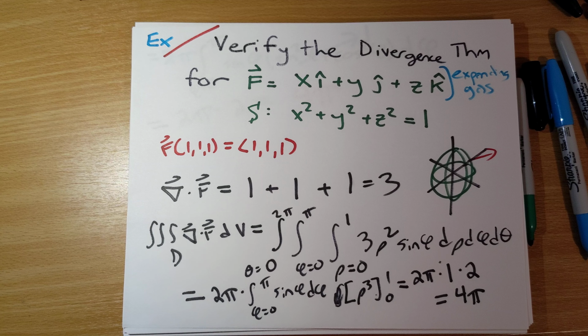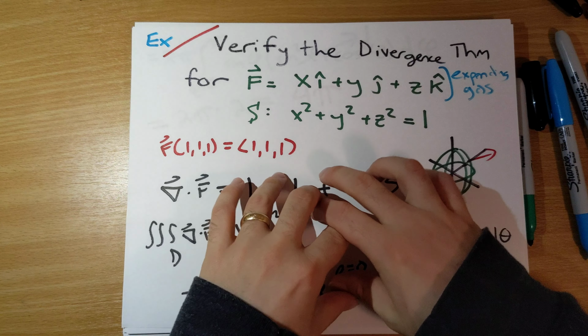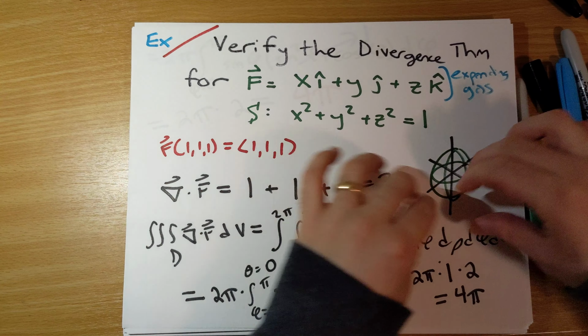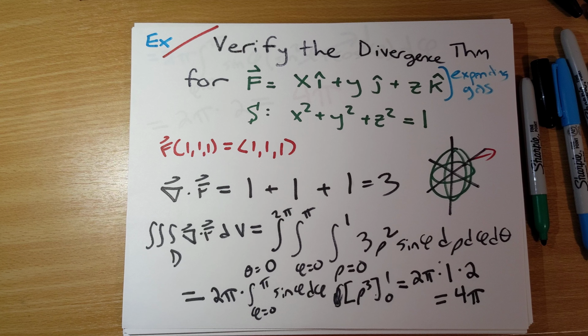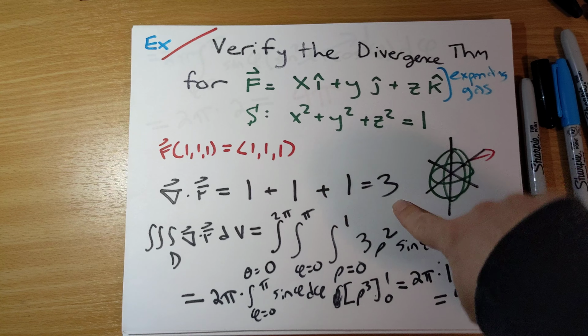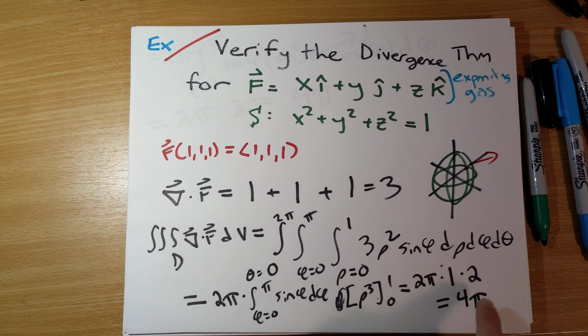So a straightforward verification here, but I want to emphasize the physical aspect of this. If we're thinking of this as an expanding gas, the gas is moving away from the origin. We have some kind of explosion here. Well, the divergence here is positive, and if you do a triple integral of the divergence, you get 4 pi.